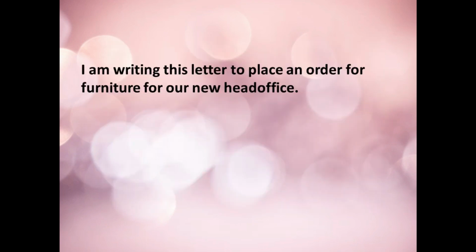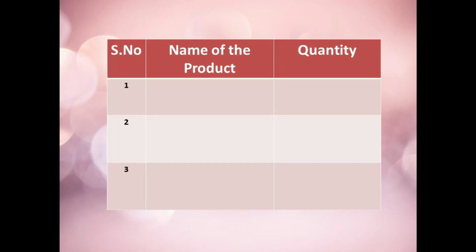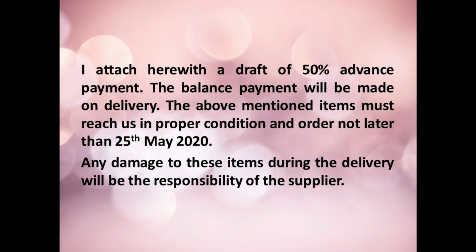I'm writing this letter to place an order for the furniture for our new head office, and below that you construct a table, and then you have this paragraph: I attach here with a draft of 50% advance payment. The balance payment will be made on delivery. The above mentioned items must reach us in proper condition and order not later than the date. Any damage to these items during the delivery will be the responsibility of the supplier, right?